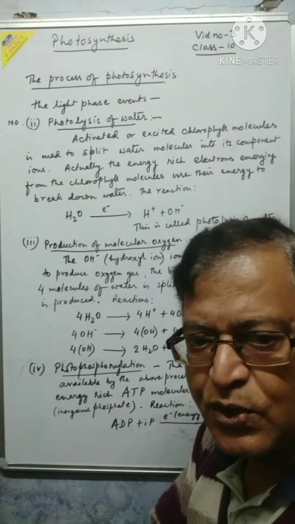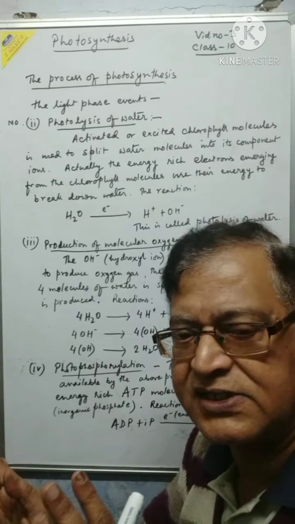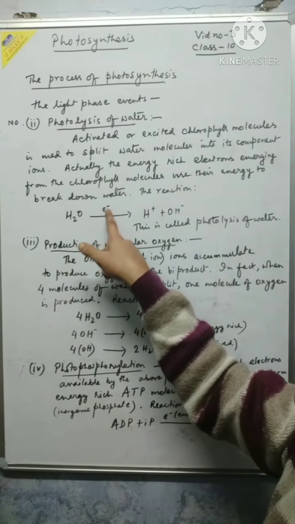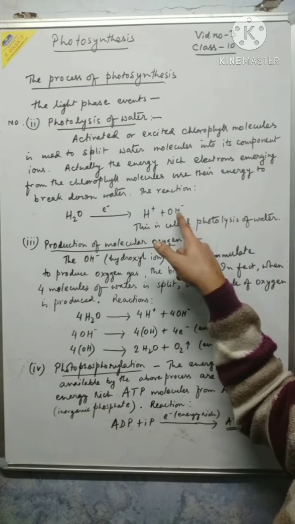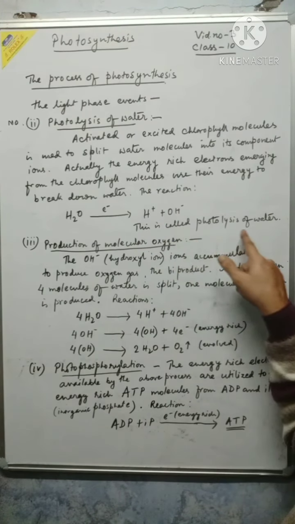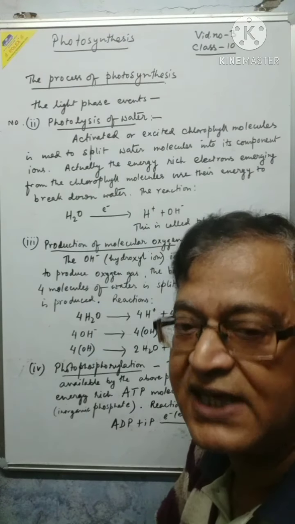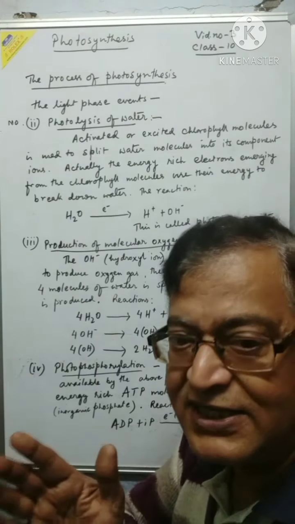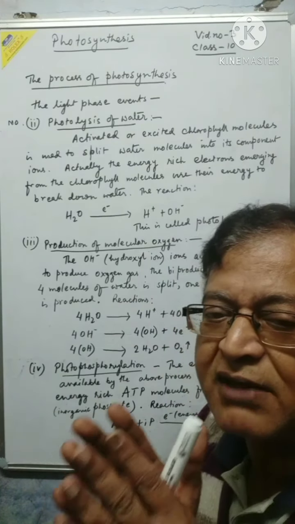The water molecule H2O breaks down into its component ions, H plus and H minus, using the energy-rich electron. This is called photolysis of water. Lysis means break, photo means light. By means of light energy, the water molecules are broken down.